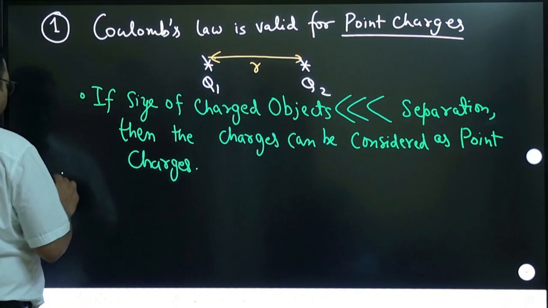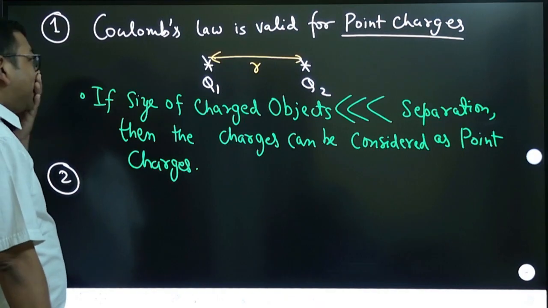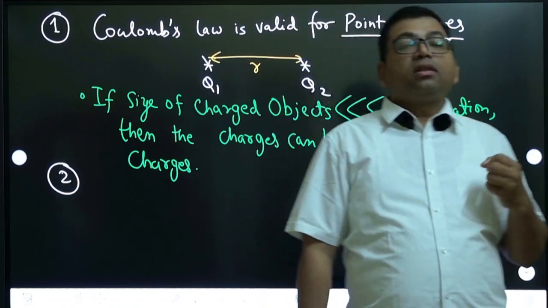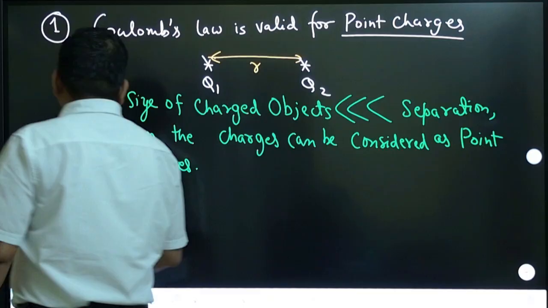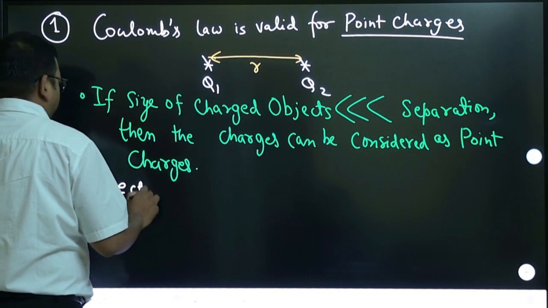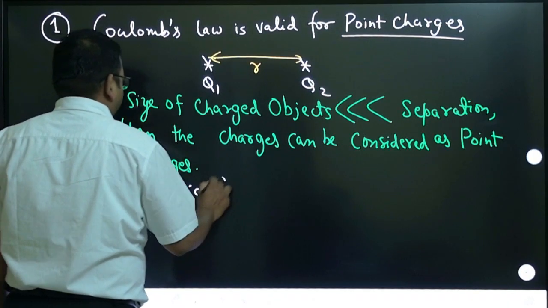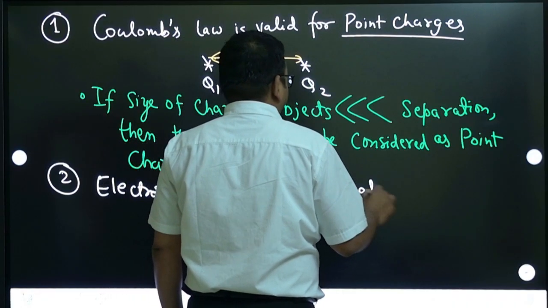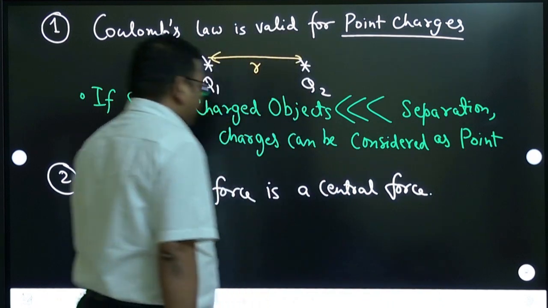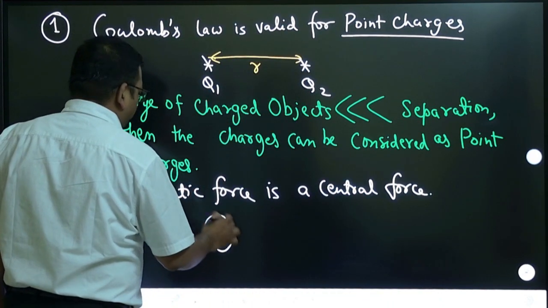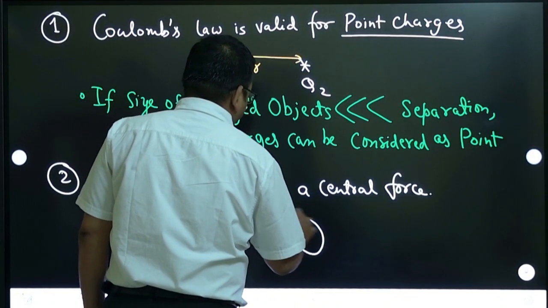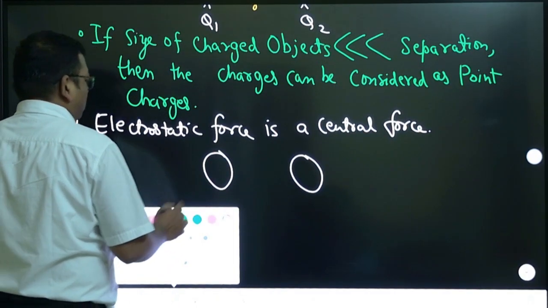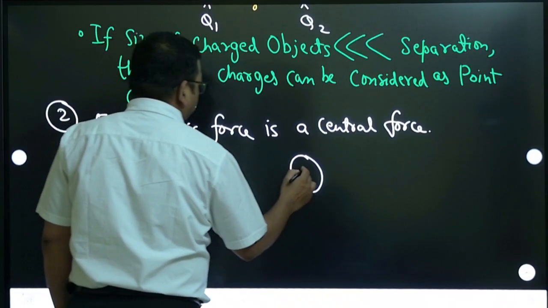Let us write the second point. The second point is that the electrostatic force is a central force. What is meant by central force? Suppose, for example, two objects are there, and this is the center of the object.